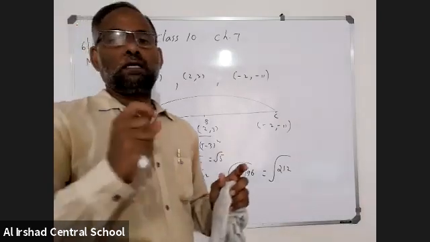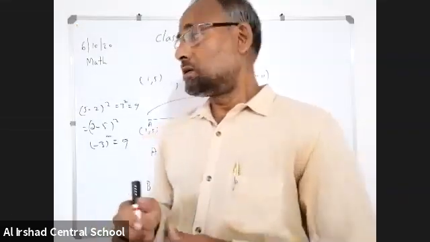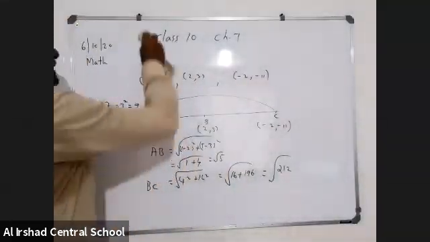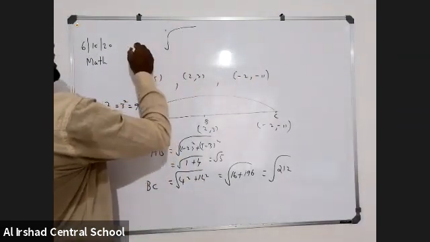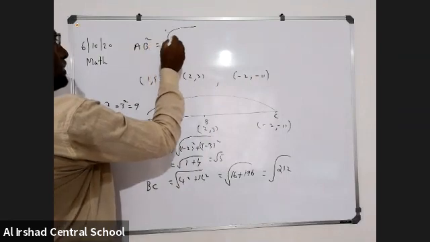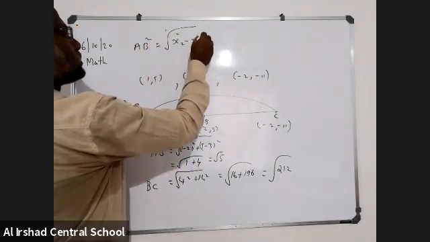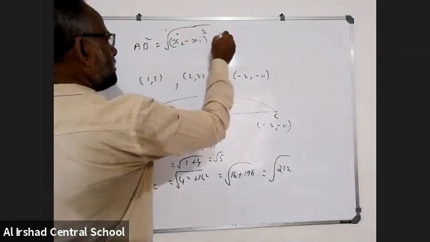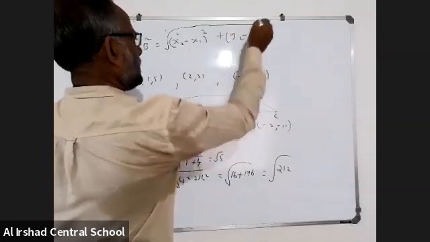S1 minus S2 whole square plus Y2 minus Y1 whole square, square root. I know the textbook is S2 minus S1; root of AB square is equal to root of S2 minus S1 whole square plus Y2 minus Y1 whole square.